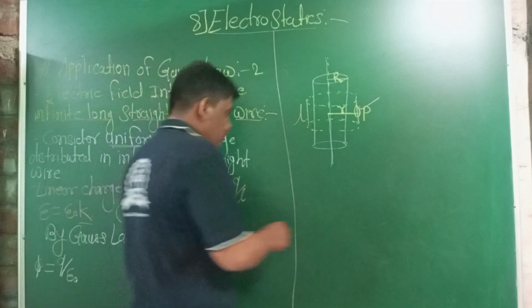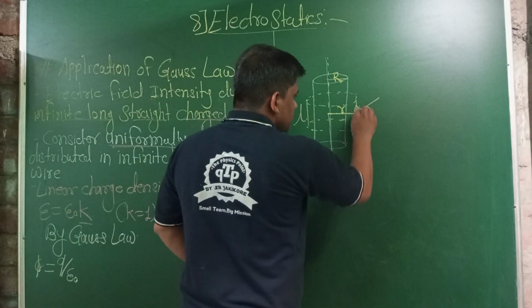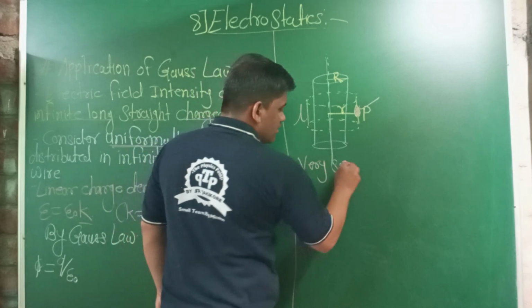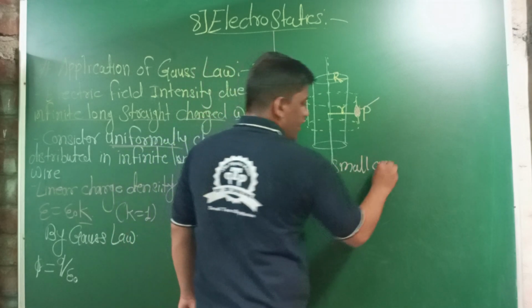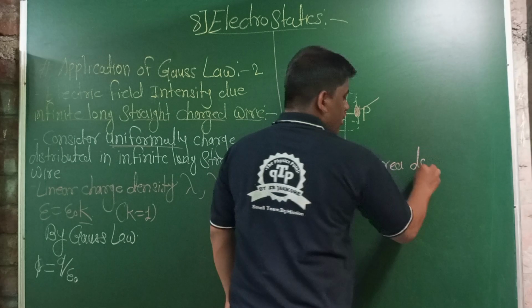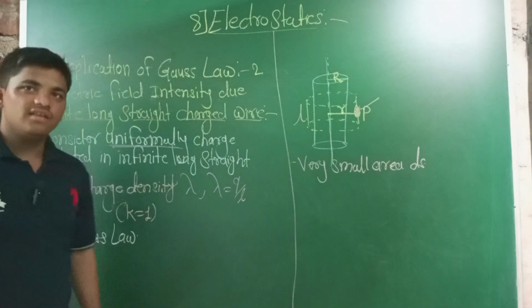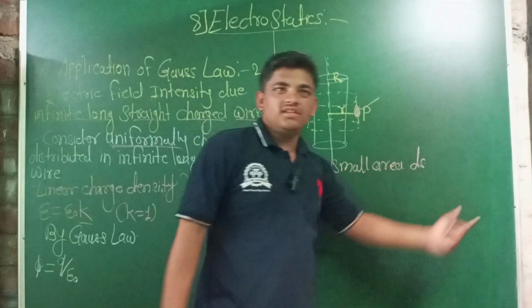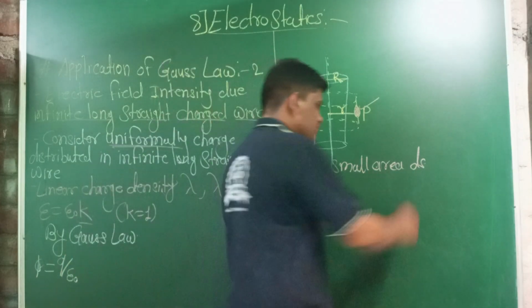Now I will draw one of the smallest areas here. Consider this is a very small area, which I will call ds. The very small area ds is a very small Gaussian surface.